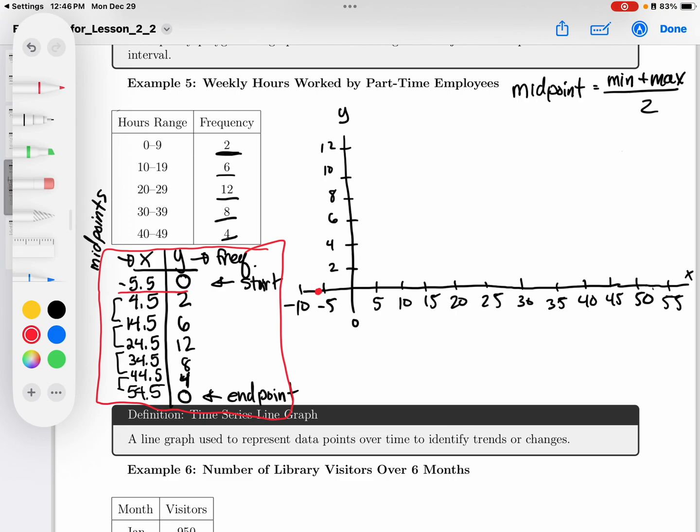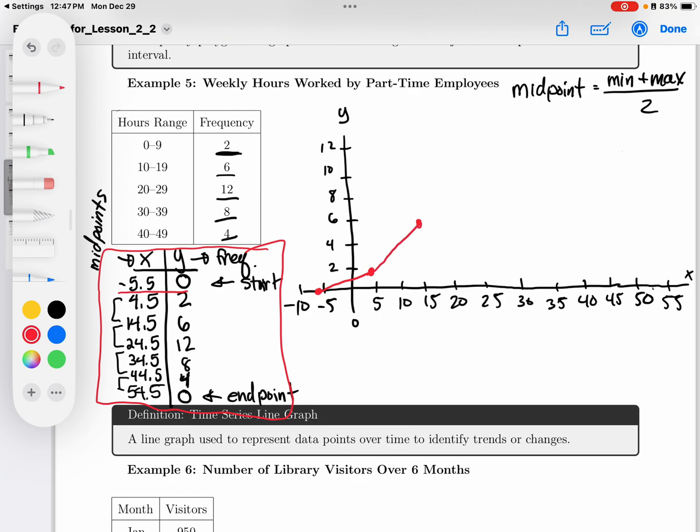So there's my starting point. Then I'm going to graph the point 4.5, 2. So 4.5 is about right here. And then we connect it with a line segment. Then we're going to graph the point 14.5 and 6. So that would be about right here and connect it with a line segment.